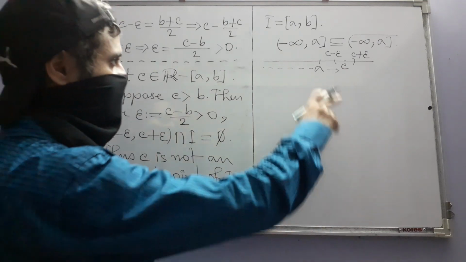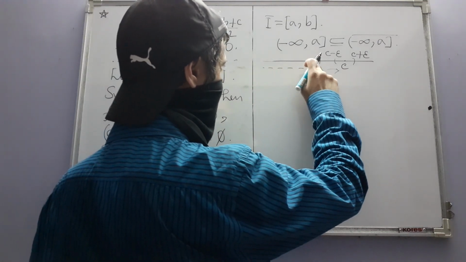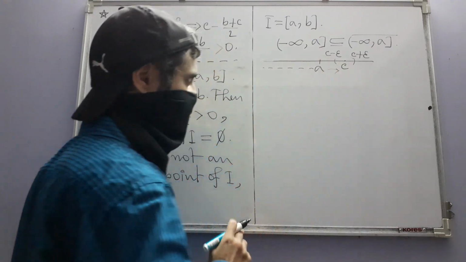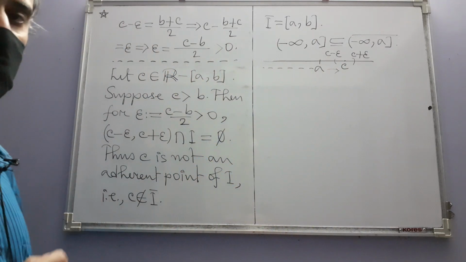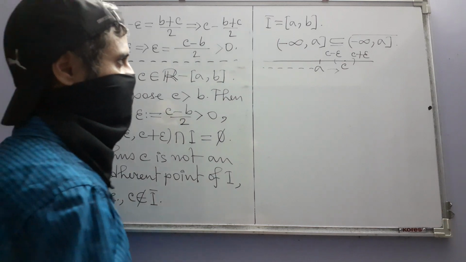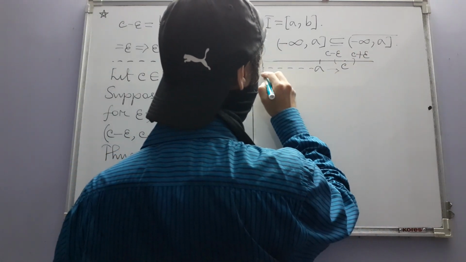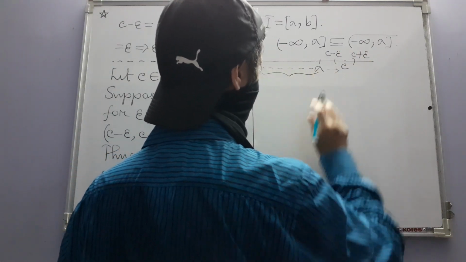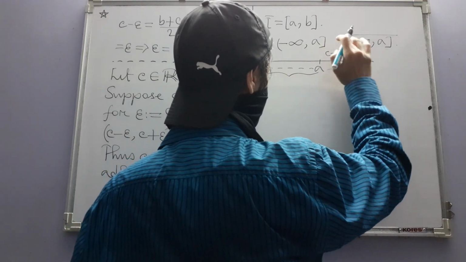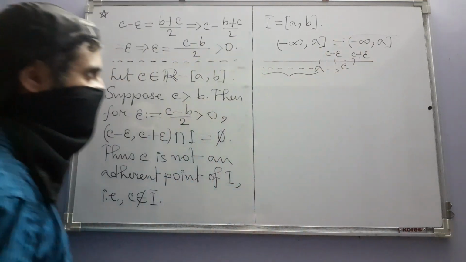That's it. This will show that you cannot choose any point from the ray that will lie within a distance epsilon from C. So C cannot be an adherent point. So points outside of this ray are not adherent points, and that is why you will get equality.